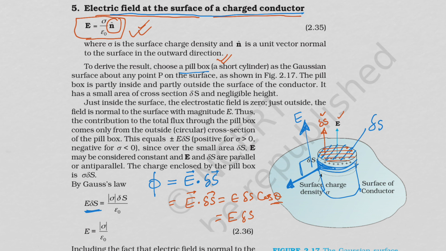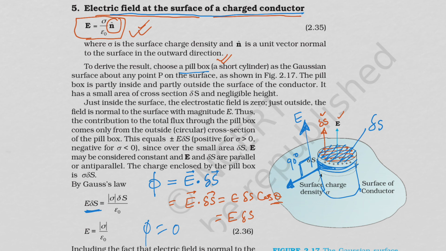So the angle between the electric field and the area vector for the curved surface is 90 degrees. That is why the flux will be 0. The only flux that will count here is through the surface, which we can see in the figure, which has the normal direction.